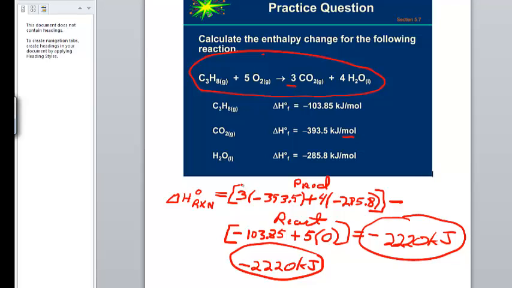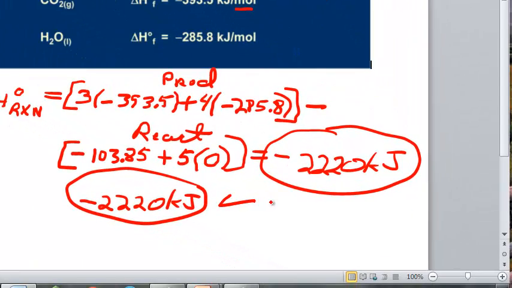My recommendation would be to use brackets to enclose your products and your reactants to keep from making sign errors, because you know that a minus times a minus is actually a plus. So I would recommend using parentheses or brackets, particularly once you put this in your calculator. And that, ladies and gentlemen, is the end of Chapter 5.